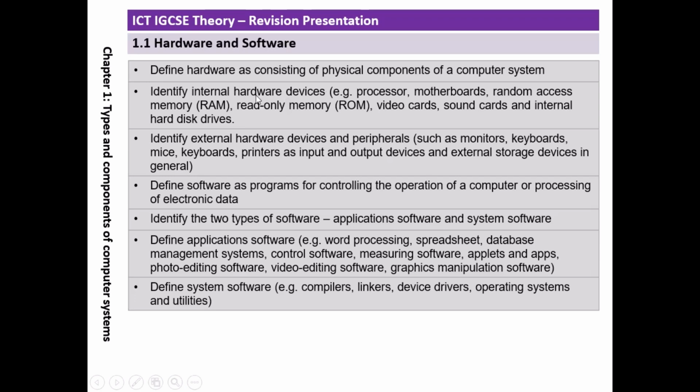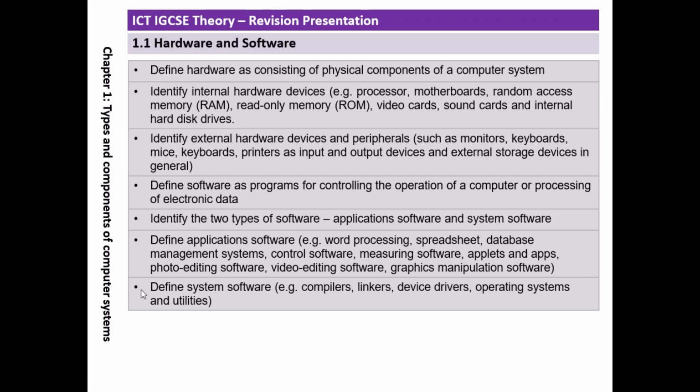By internal, I mean the hardware found inside the system unit, such as the processor, motherboard, random access memory, read-only memory (ROM), video cards, sound cards, and internal hard disk drives, such as the SSD, solid state drive, and HDD, hard disk drive.